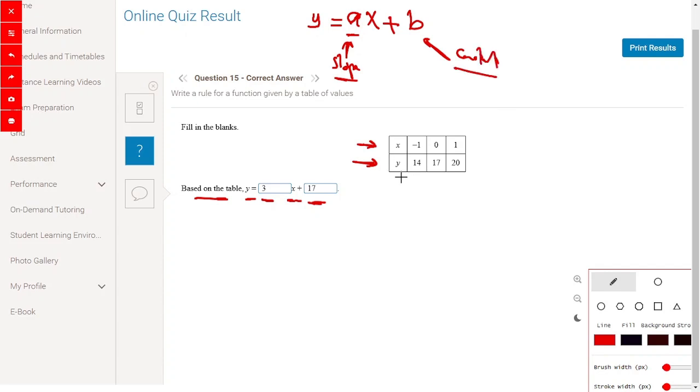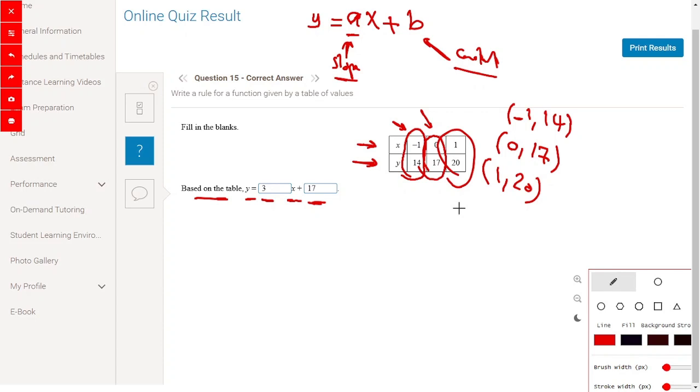So now let's take points from this table. The first point here is -1 and 14. Second column, it will be 0 and 17. And the third column is 1 and 20.